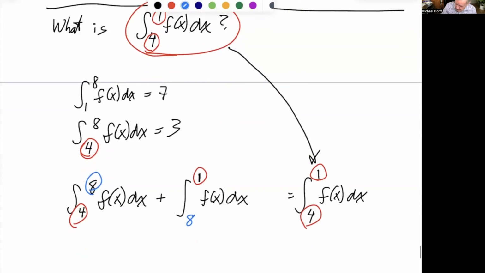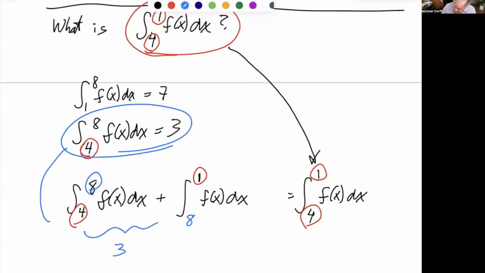Well, we know that this is 3. And we've got this, but that's not quite exactly the same as this one. In fact, it's flipped the 1 and the 8 here. So what I need to do is flip this.